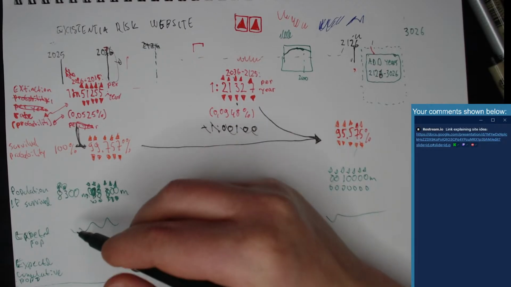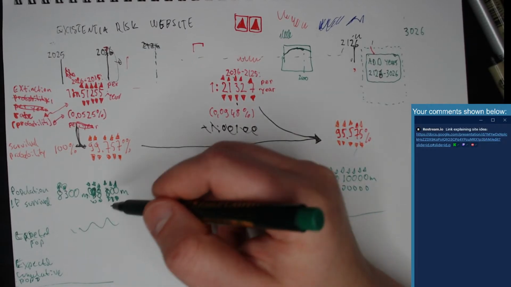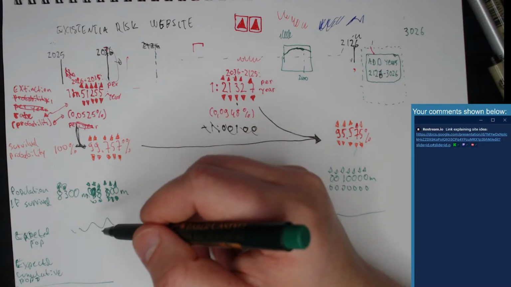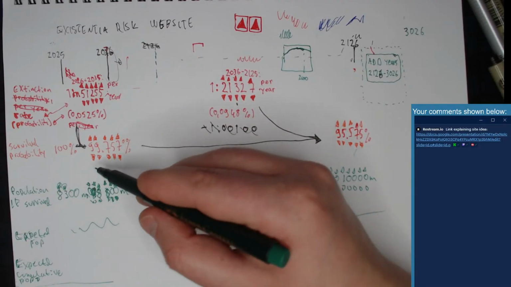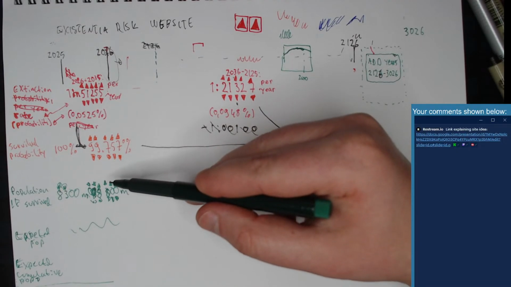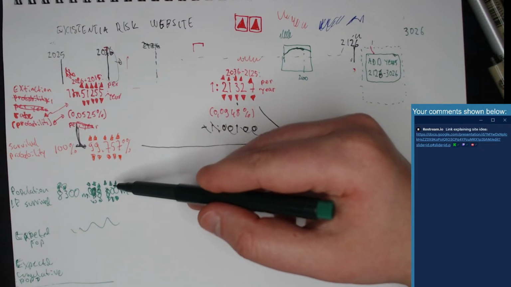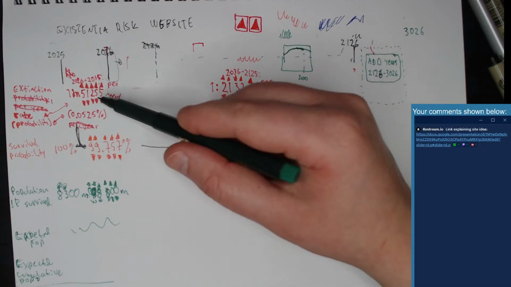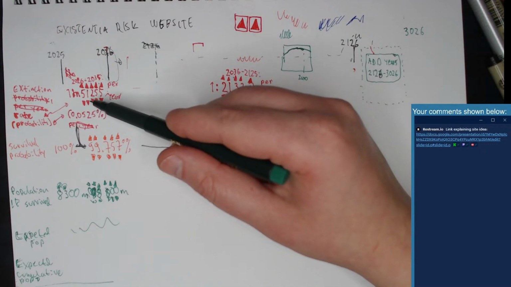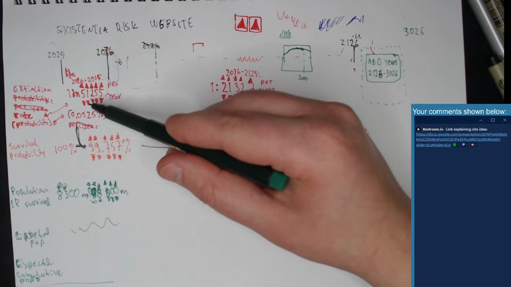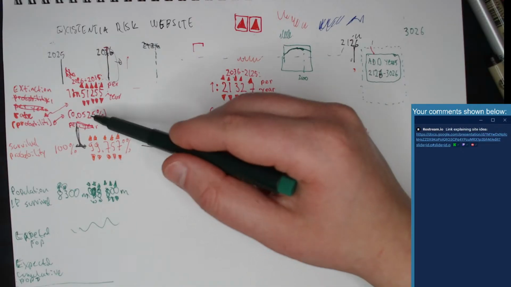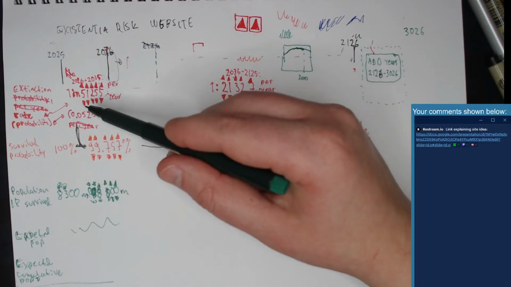I'm going to draw below this. So that would be adding up, the same way that here we add up this extinction. Well, we don't add up, we multiply them, but whatever.